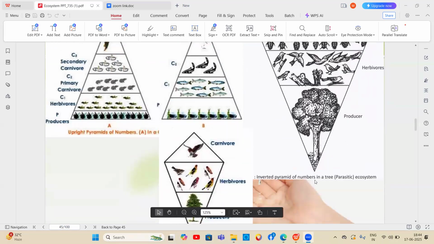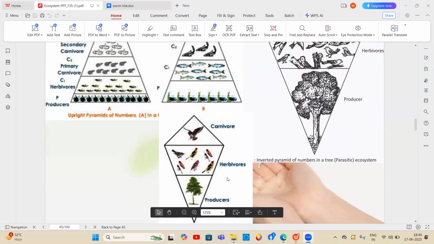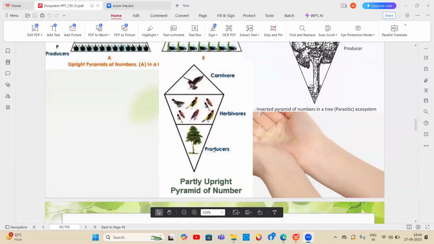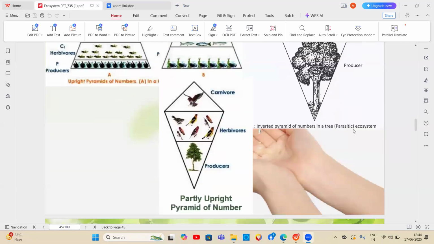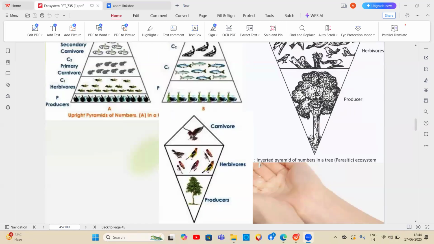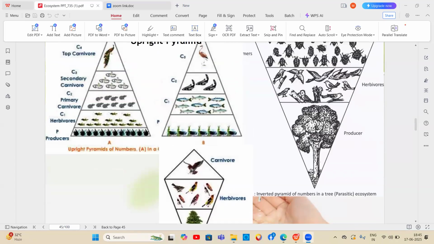The inverted pyramid of number is seen in the parasitic ecosystem, while in a forest ecosystem it may vary and is spindle shaped. In the parasitic ecosystem, the producer is, for example, a large tree, on which more herbivores are there.